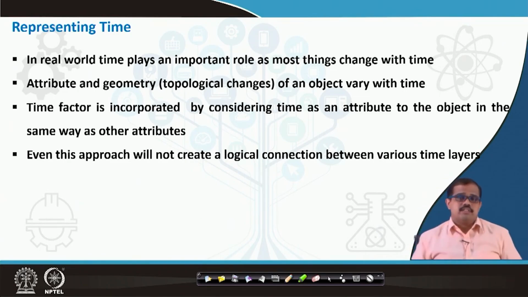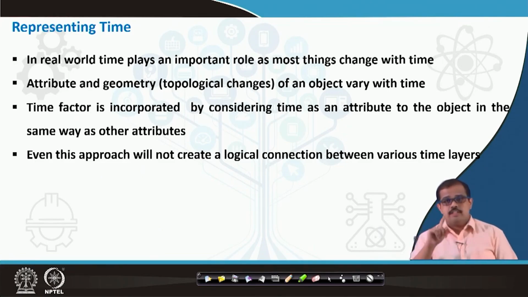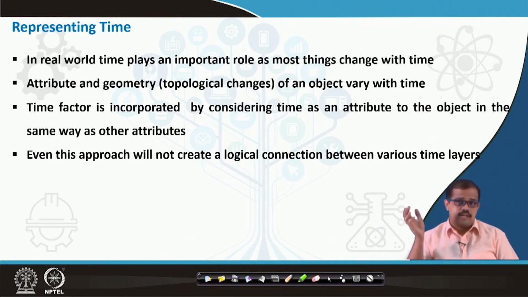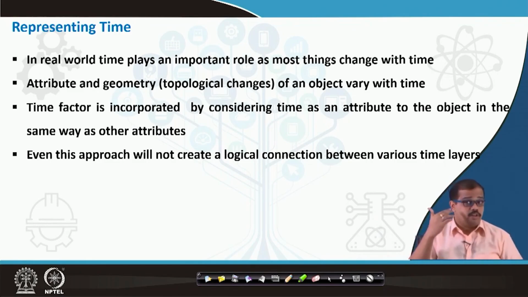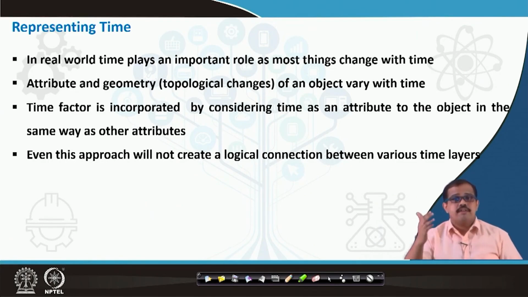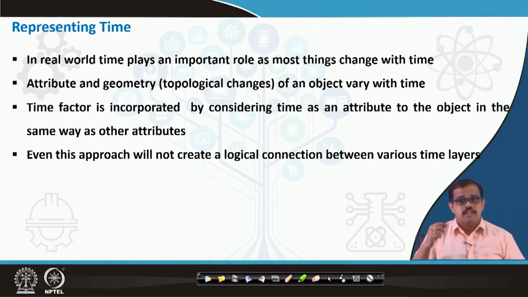For example, if you are trying to build a database of roads in Kolkata, the attributes of a particular road may vary every 5 years, when it is tarred, or when the road is widened or otherwise changed. Those are the attributes that change, and along with them the geometry also changes. So that will change with time. This has to be incorporated by considering time as an attribute, every 5 years as I said, so that it becomes an attribute of the object in the same way as the other attributes.